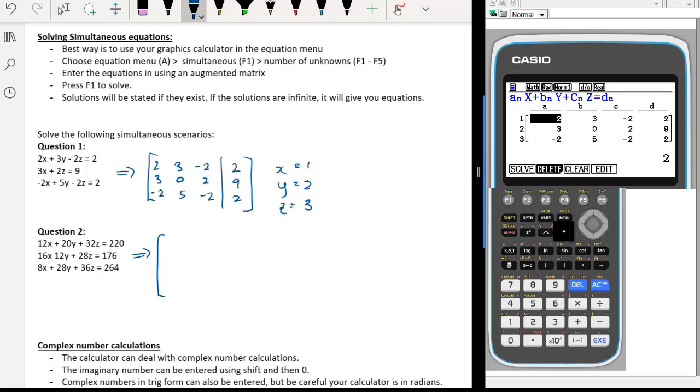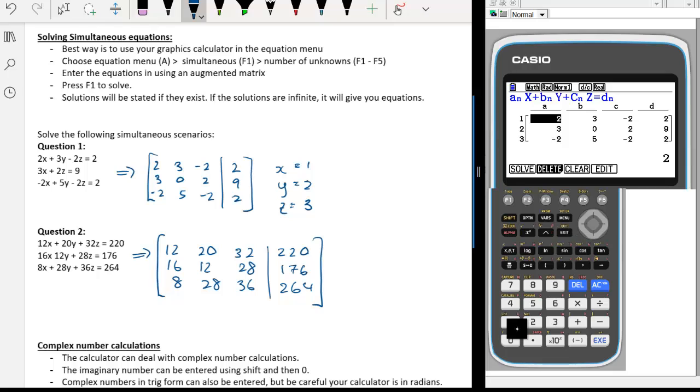So if we set this up as an augmented matrix, we've got 12, 20, 32, and the answer is 220, 16x, 12y, 28z, and the answer is 176, 8x, 28y, 36z, and the answer is 264. When we go to solve this, just give me a second to enter.